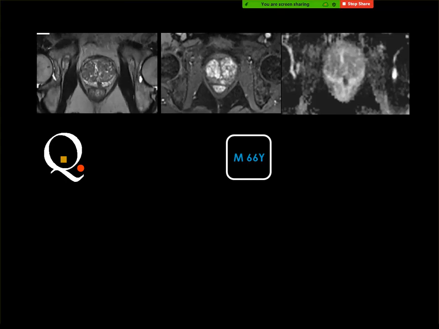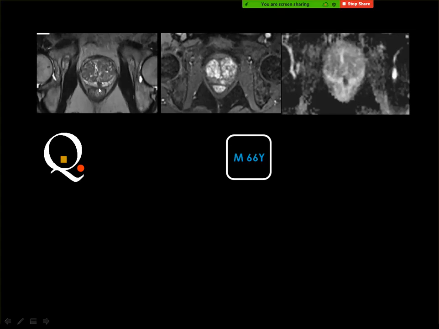Benign prostatic hyperplasia? Prostatic cancer? Both. Hyperplasia and cancer, right or not? Left peripheral zone lesion. Yes, and you see that the central zone is enlarged with multiple cystic changes compatible with prostatic hyperplasia.